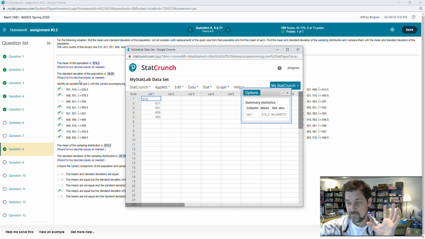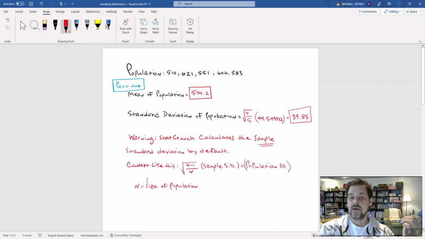Now, this may very well be something that you've forgotten, okay? Something's not right between the standard deviation that StatCrunch gives me and whatever the correct answer is for the standard deviation of the population. So, real quick, a population and a sample are different.